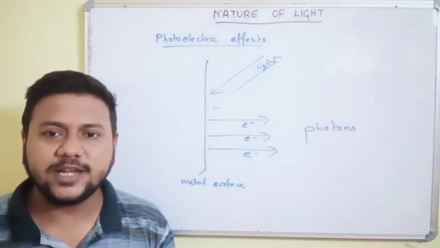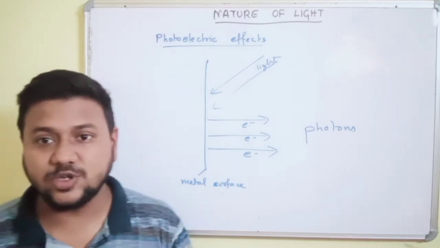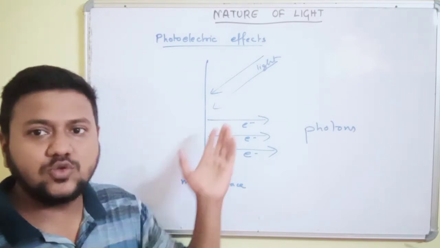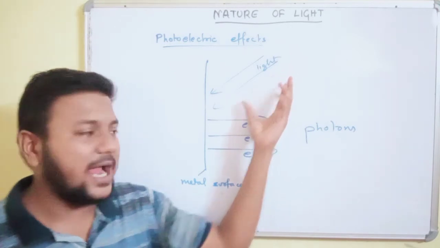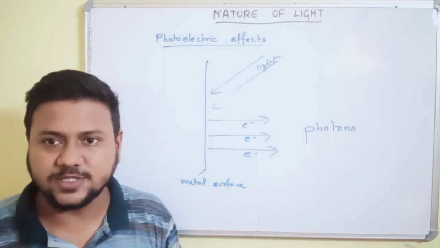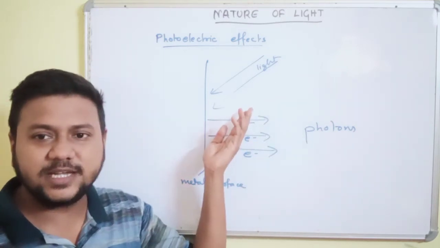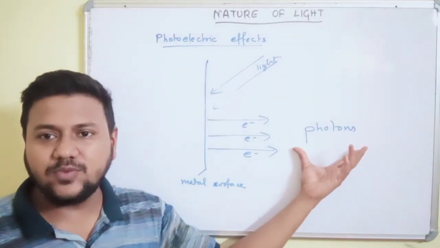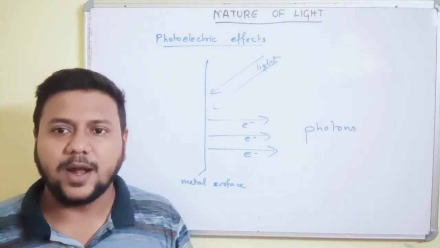In the photoelectric effect, for which he got a Nobel Prize, he did an experiment in which he exposed a metal surface to light having a sufficient amount of energy so that beams of electrons are emitted from the metal surface. Those beams, which are the result of the incident light, are called photons. So in this regard, we understand that light behaves as a particle.